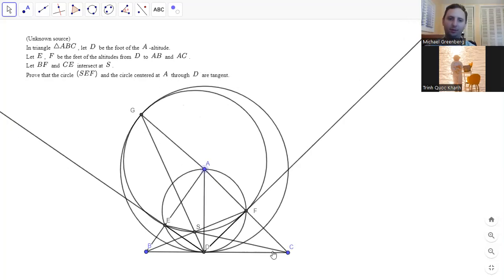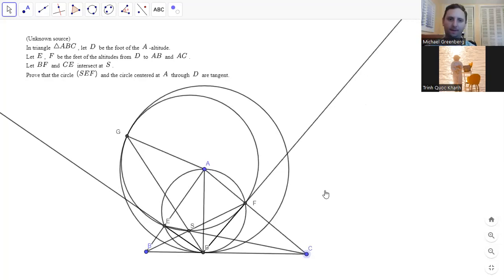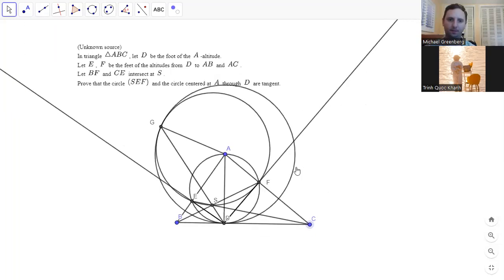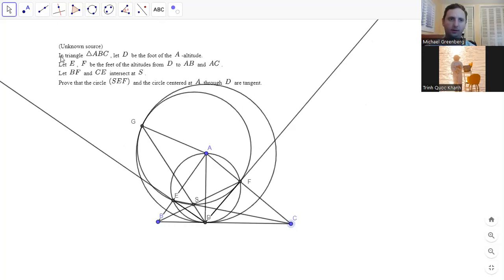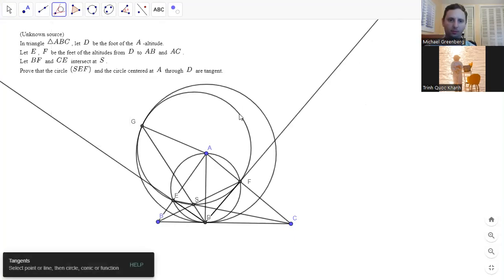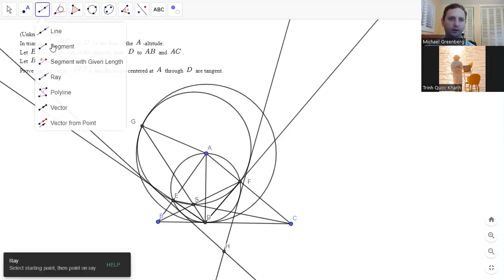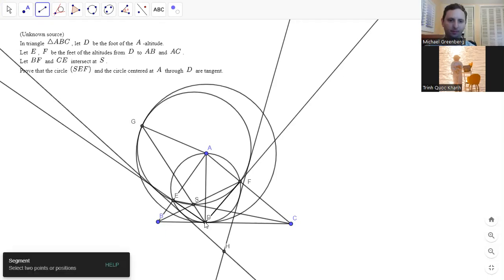Some kind of special homothety. Let me see. So this would be the center of that homothety. Oh yeah, basically by Monge's theorem, these three are going to be collinear, right? So G, D, and H are collinear by Monge's theorem.